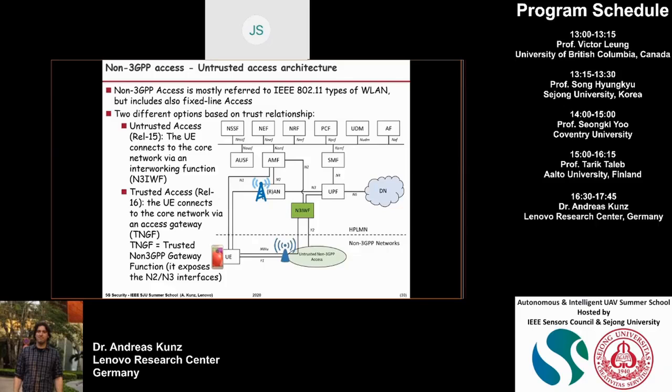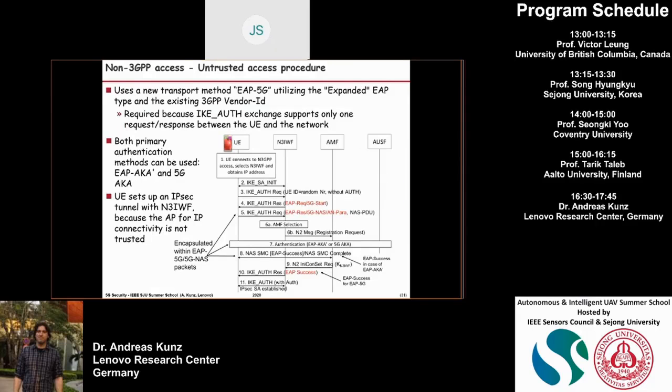So let's look into the procedure of the untrusted access. The UE already has IP connectivity because it is connected to some access point and gets IP connectivity. It doesn't matter how this is performed.